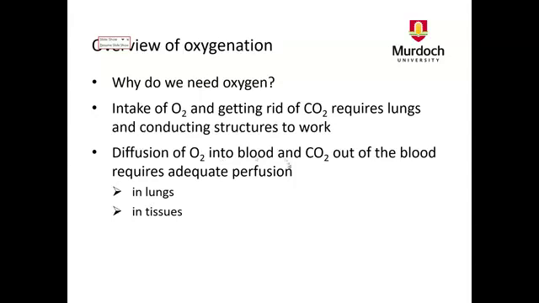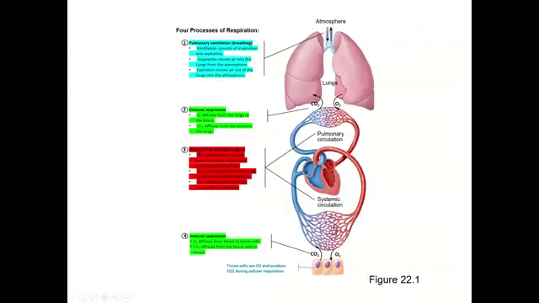It also requires good blood supply, because without blood we can't get the oxygen from the lungs into the blood, and vice versa, the CO2 out of the blood into the lungs to breathe it out again. So this is the whole process of oxygenation, and we look at that in more detail now.